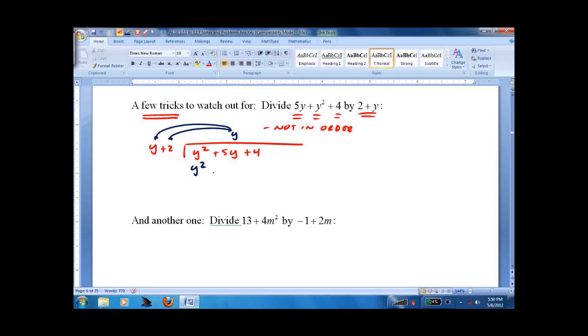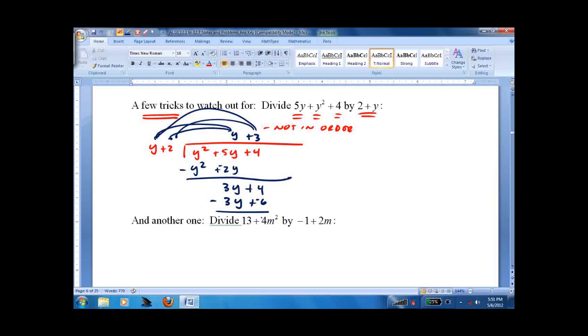What is y times 2? 2y. Change signs because we're subtracting. 5 minus 2y, 3y plus 4, plus 3. Multiplying by both. 3y plus 6.